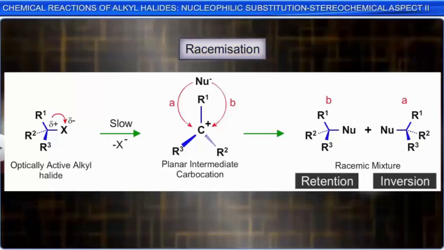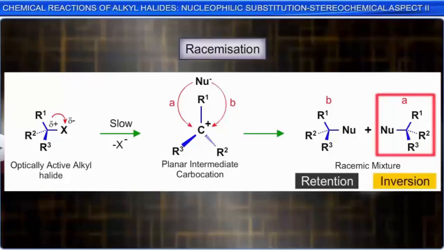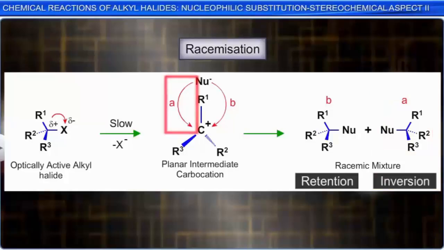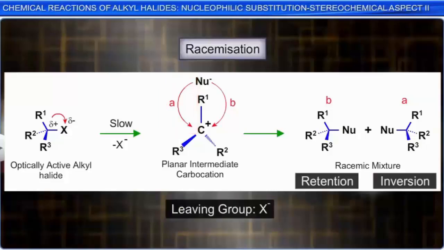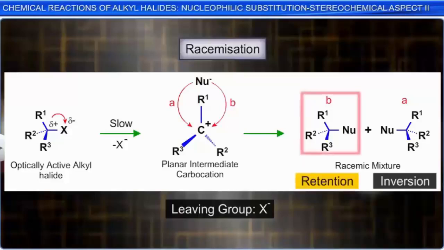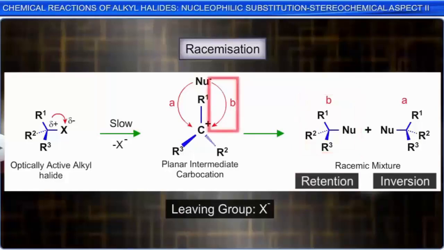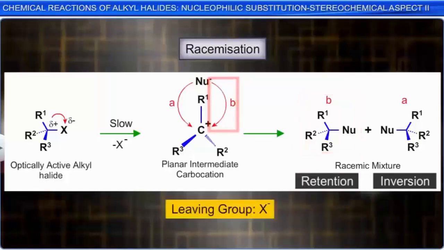It is clear that the formation of the inversion product is due to the attack of the nucleophile on the planar carbocation intermediate from the side opposite to that of the leaving group. On the other hand, the formation of the retention product is due to the attack of the nucleophile on the planar carbocation from the same side as the leaving group.